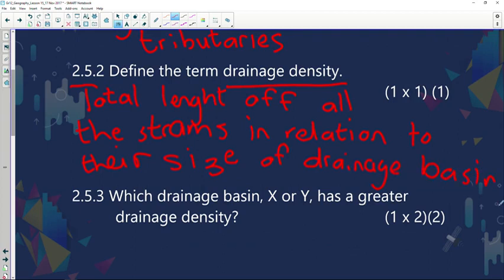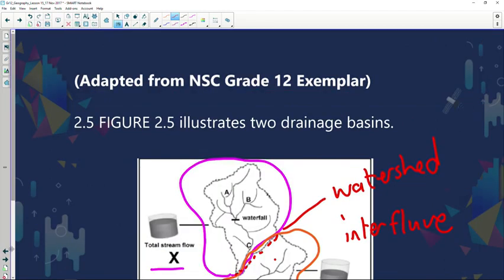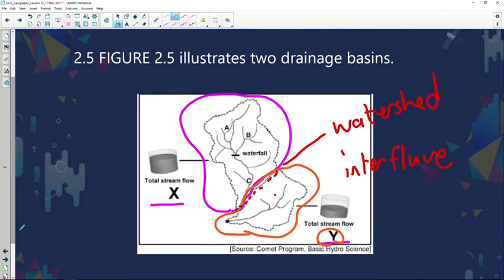Now 2.5.3, which drainage basin, X or Y, has a greater drainage density? Now let's quickly have a look at it. X or Y? Which got a greater density?